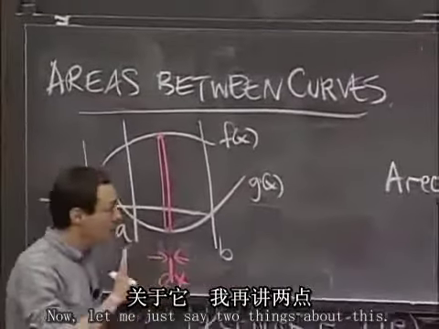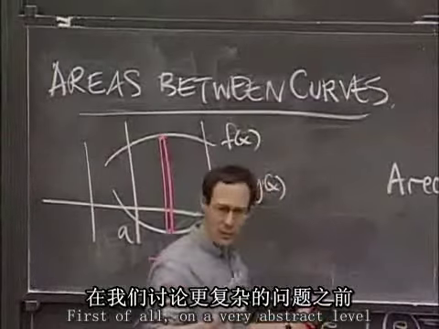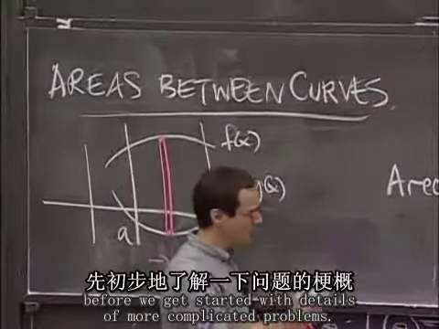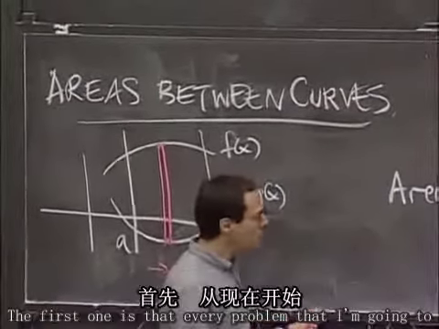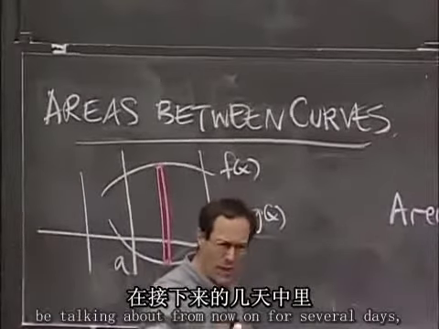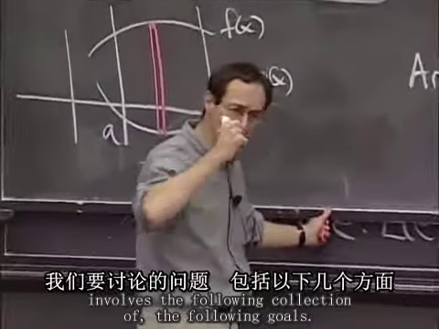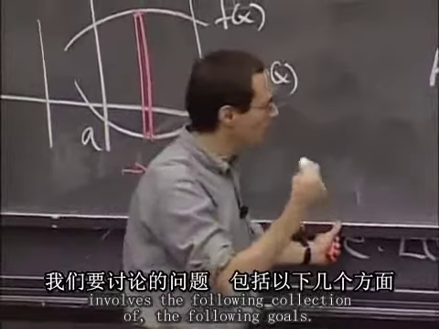Now, let me just say two things about this. First of all, on a very abstract level, before we get started with details of more complicated problems: every problem that I'm going to be talking about from now on for several days involves the following collection of goals.